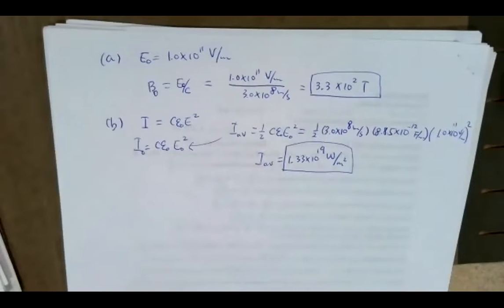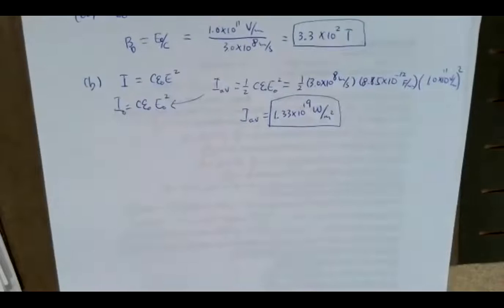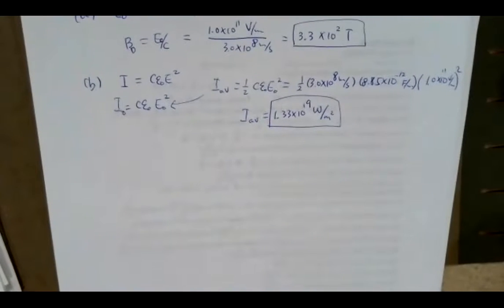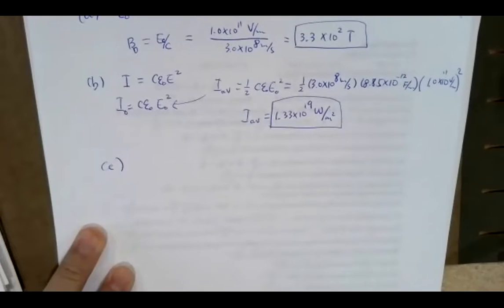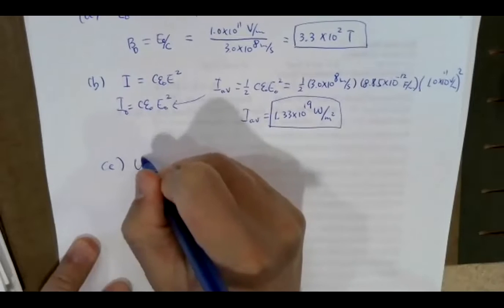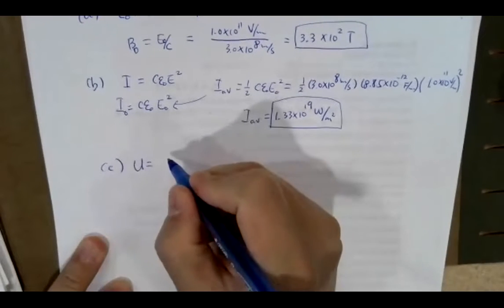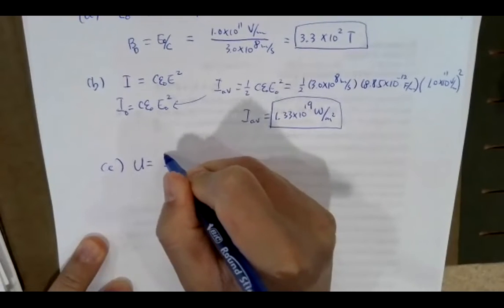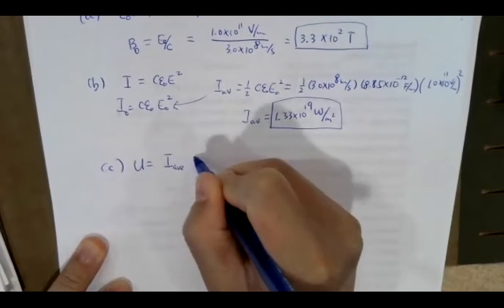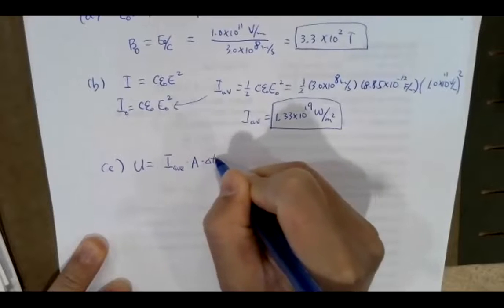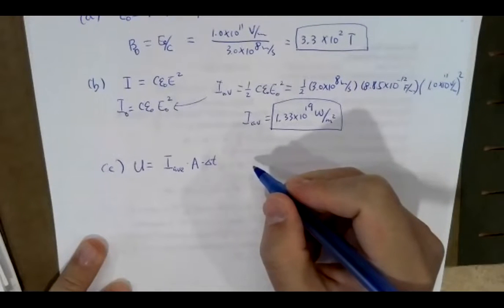The last part is asking what energy it delivers to a 1.00 square millimeter area. The energy delivered will be equal to the average intensity times the area that's given times delta t.